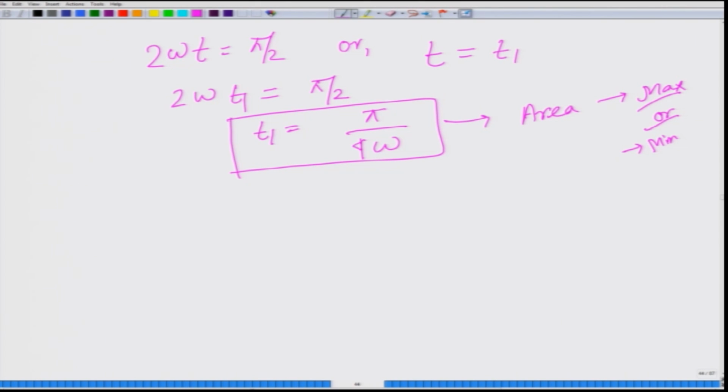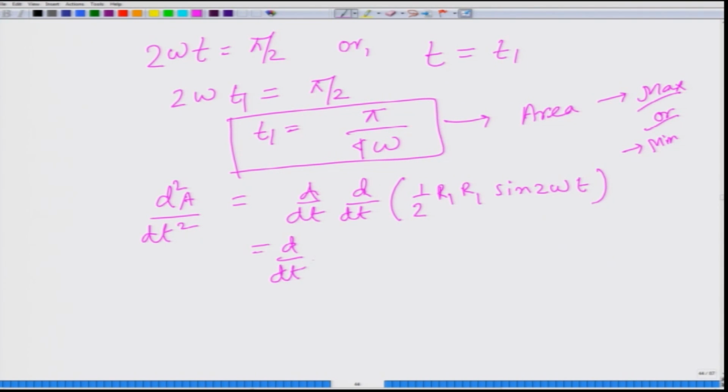So let us perform the double derivative of the area, which is d2A/dt square. The expression for area A was half r1 r2 sine of 2 omega t, where r1 and r2 are the radii of both the circles. The derivative gives me 2 omega cosine of 2 omega t.